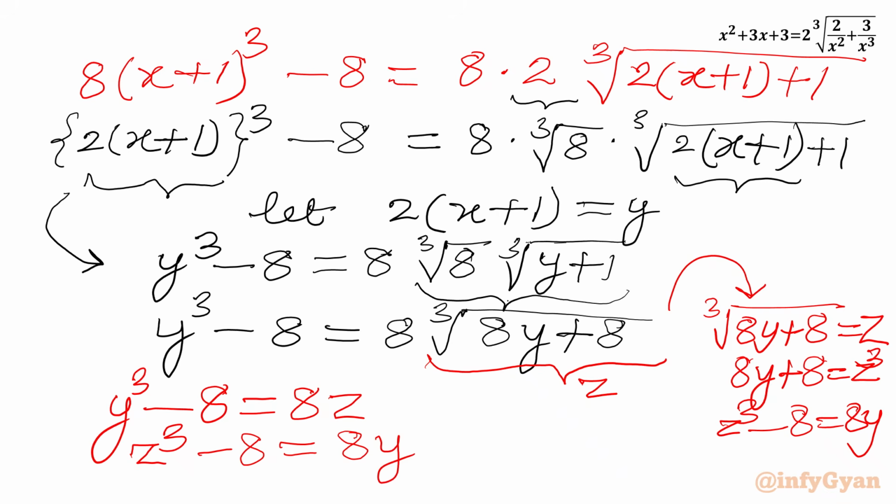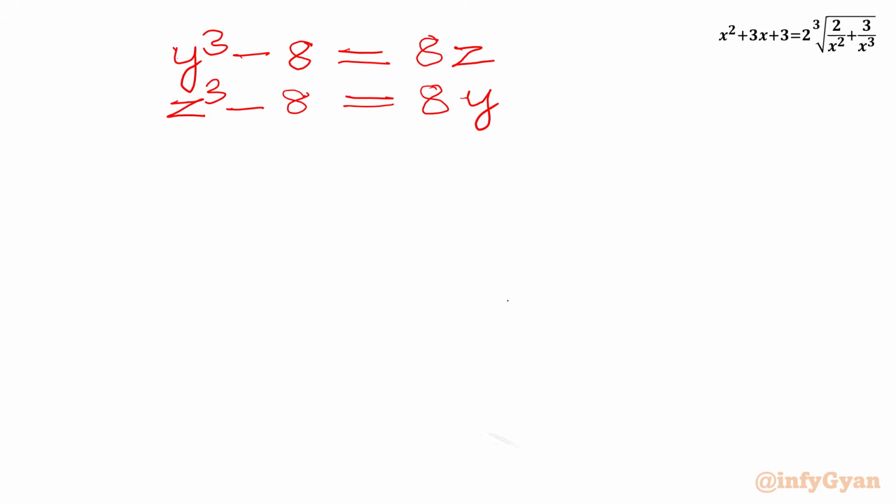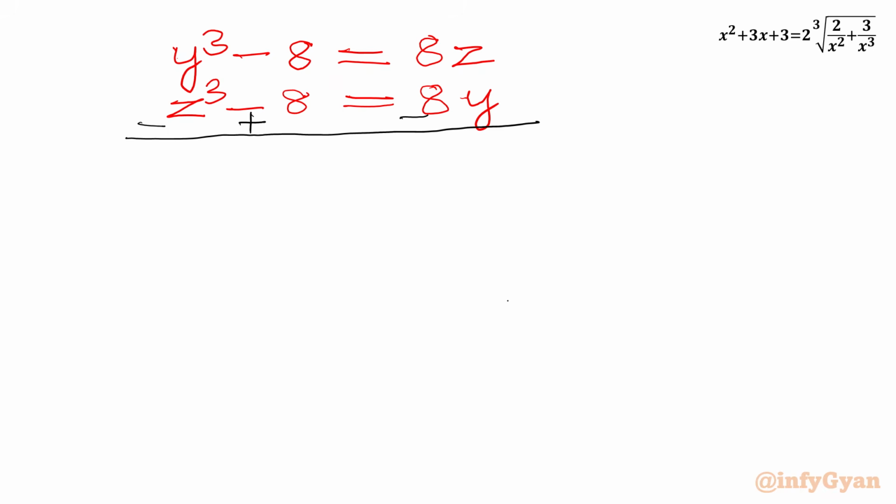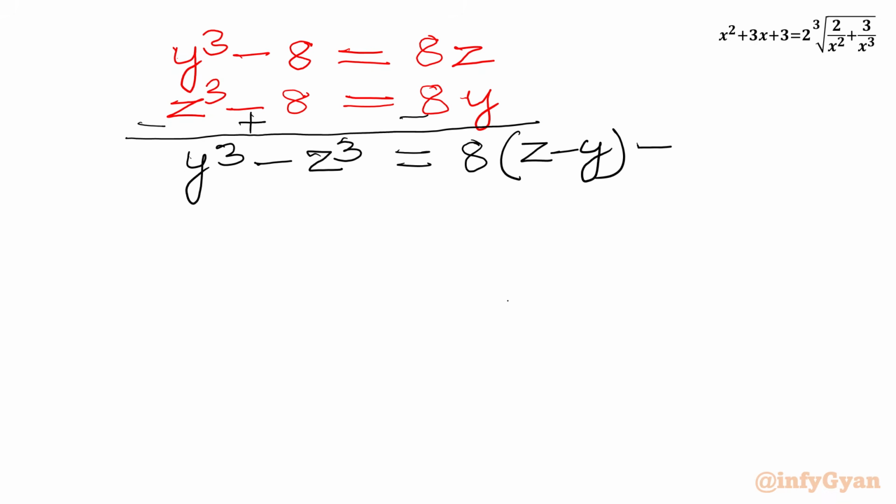Let me write both the equations over here. Here we have, I will subtract second equation from first one. So we have to change the sign. We will get y cube minus z cube in left hand side. And in right hand side, we will get 8 times z minus y, which we can write minus 8 times y minus z.